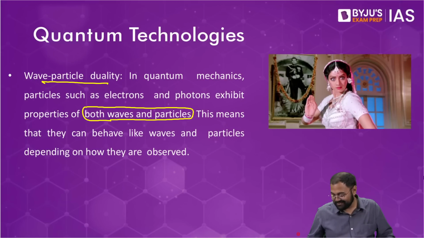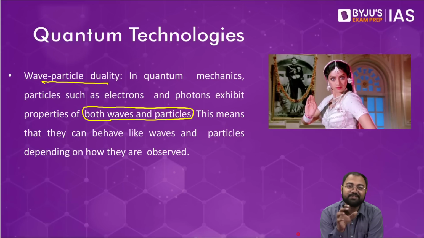Okay, so for those of you who don't know, I'll tell you. It is the film Nagin, where she was playing a Nagin, where she could take two forms. She could have the human form and she could have the snake form as well.